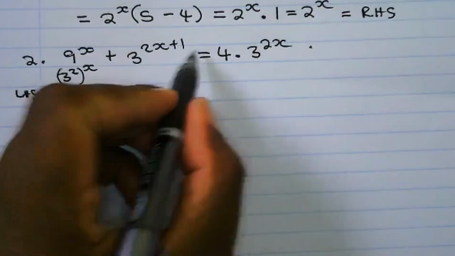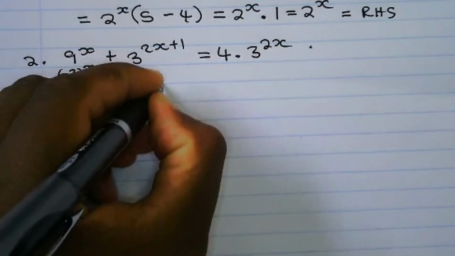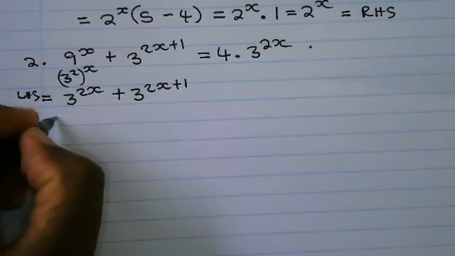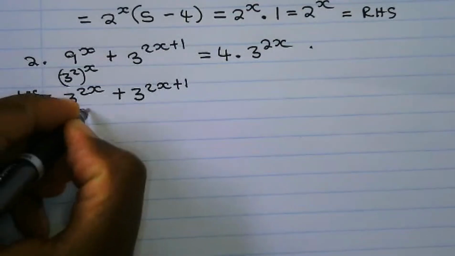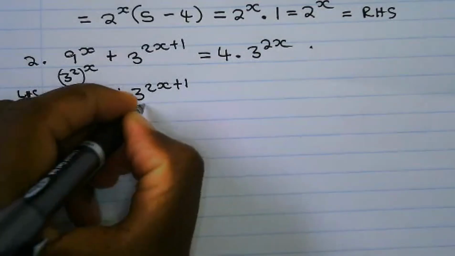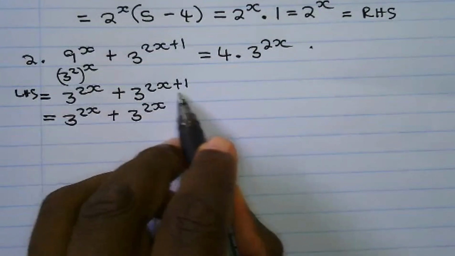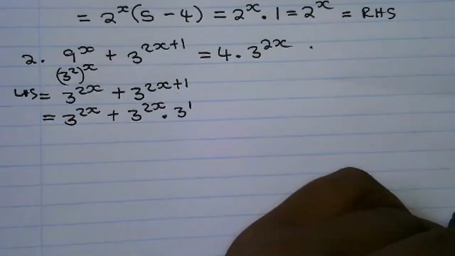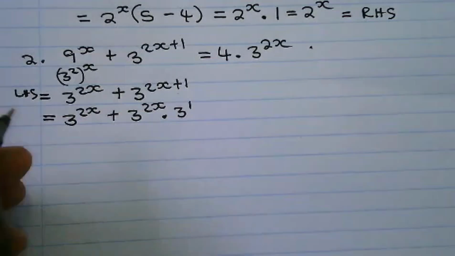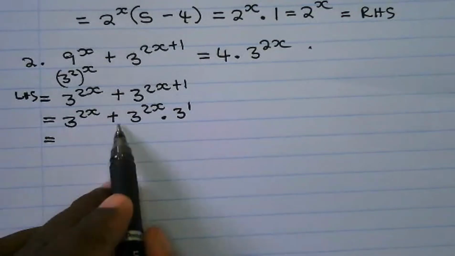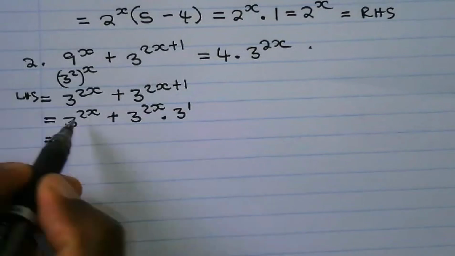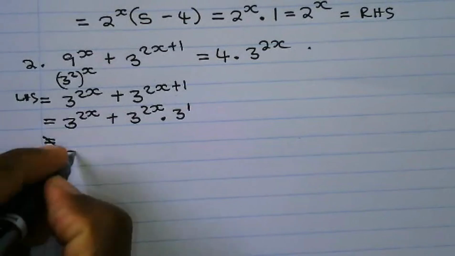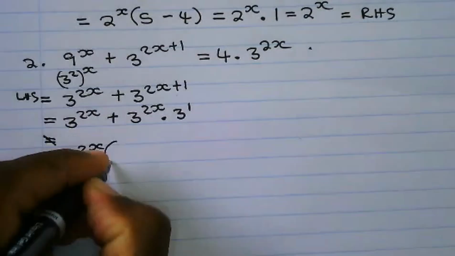My left hand side is equal to that, and this is 3 to the 2x plus 1, and this is 3 to the 2x plus 3 to the 2x, I'm separating this one by 3 raised to 1, and then we have common factors between these two terms. Factor out 3 raised to 2x.